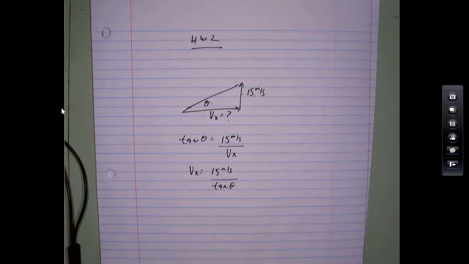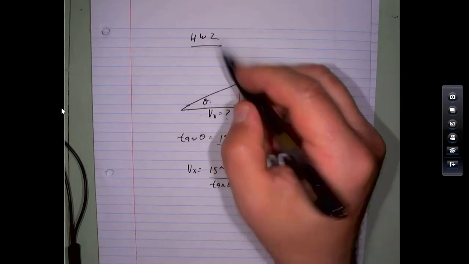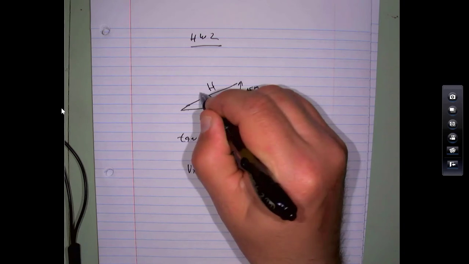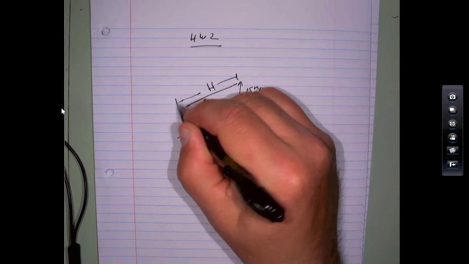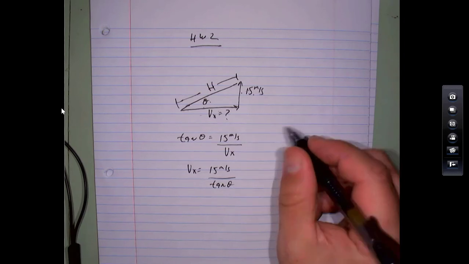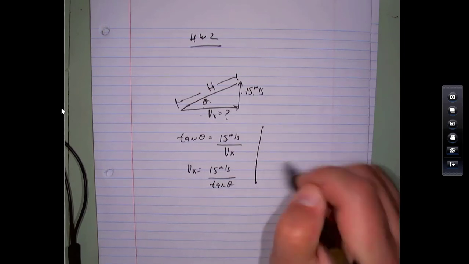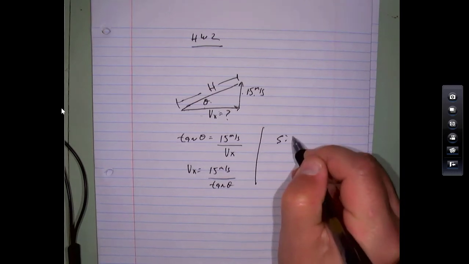So when I say a little bit of trig review, the tangent of theta is opposite over adjacent. Let me just call this h for the hypotenuse. Now that we have the x part, we could get h if we wanted to. Let me just remind you what these different sines and cosines are.